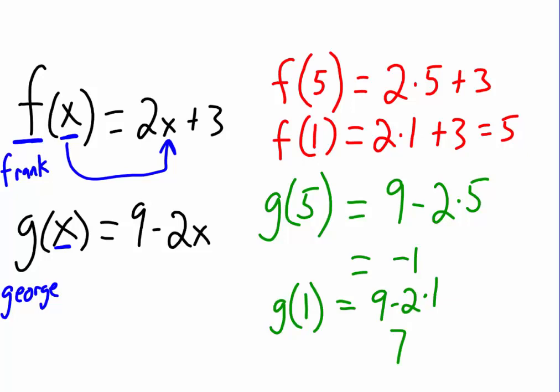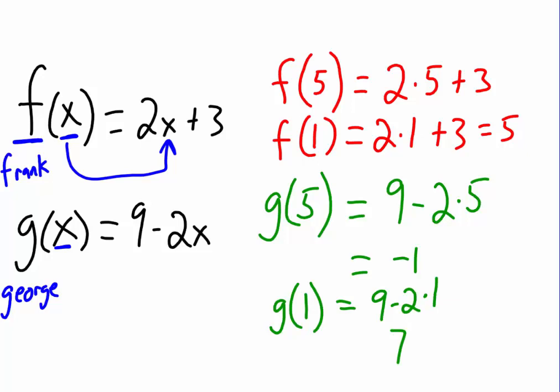But this is function notation. Okay, everything I wrote on the board, except for the words Frank and George, is function notation. The first letter just tells you what function we're using. So these two in red are just saying we're using Frank. And the two in green are just saying we're using George.